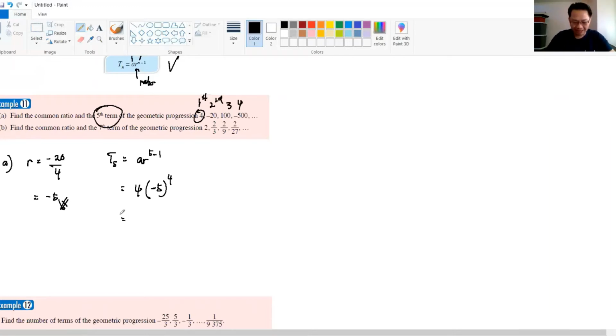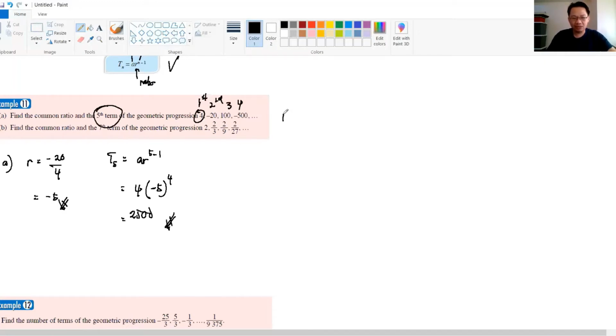Very easy, right? Negative 5 to the power of 4, then times 4. Then you are supposed to get 2500. So, that is your answer for number A.